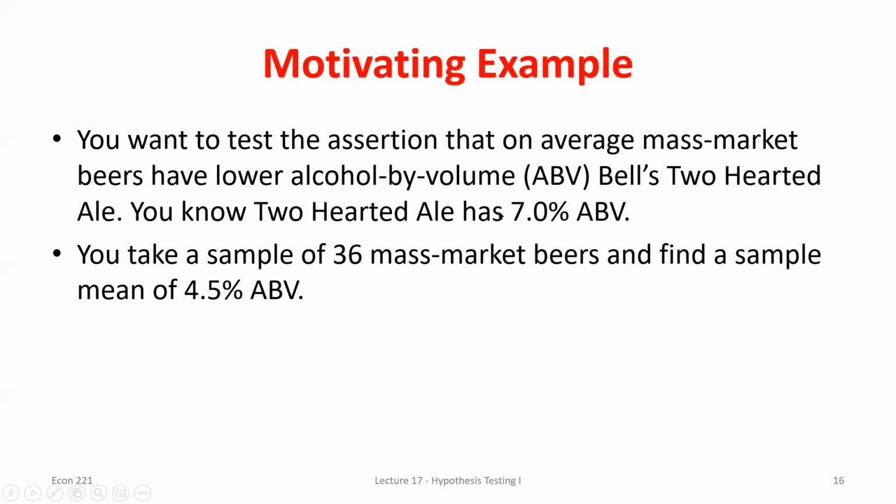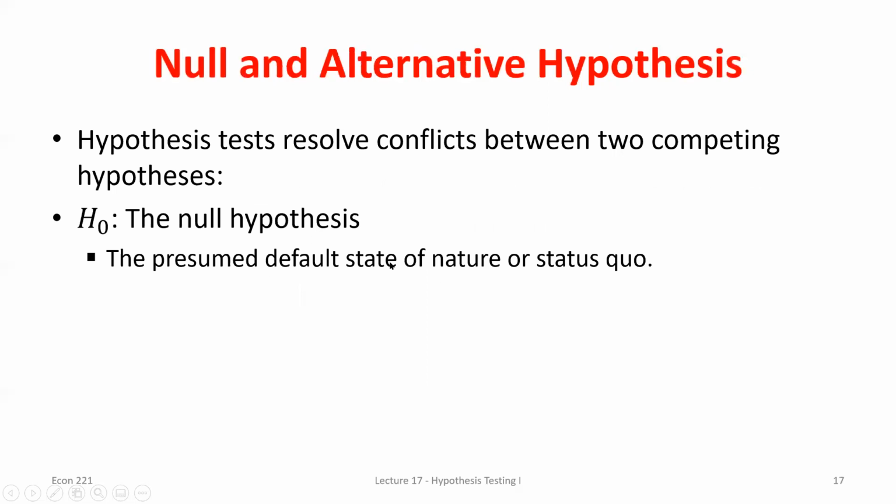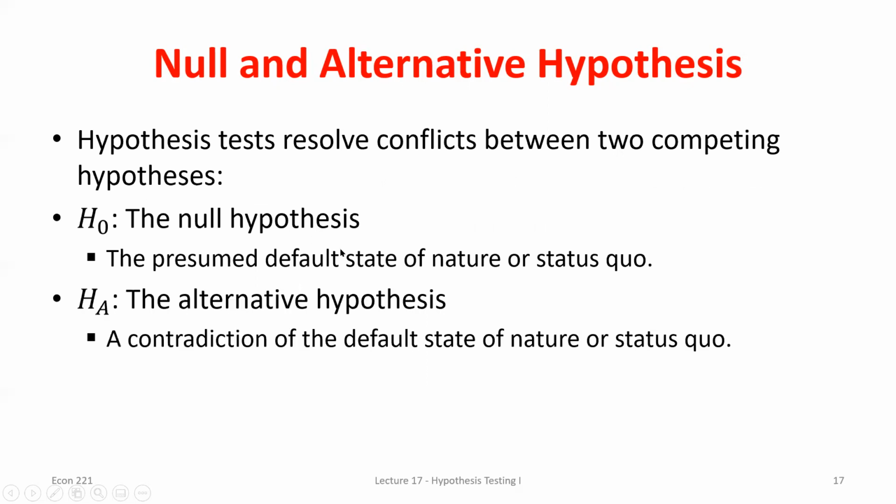So I'm going to assume the exact opposite and stack the deck against myself. I'm going to assume that the opposite is true, that it's greater than 7%. And then the alternative would be the exact opposite of that, right? I said earlier it's the complement. Okay? So it's basically everything that would contradict the null, or the complement of the null.